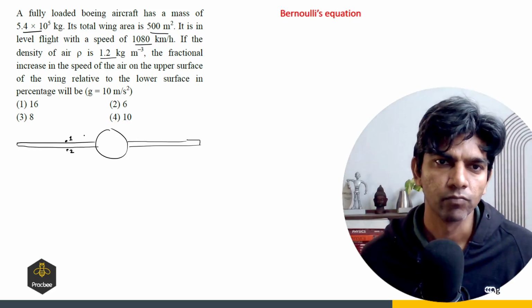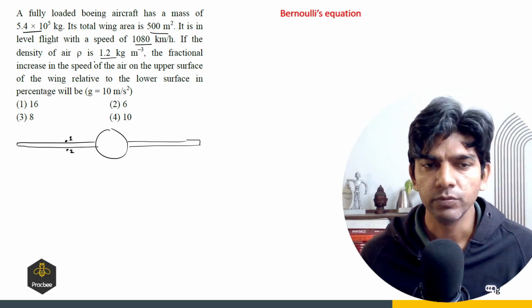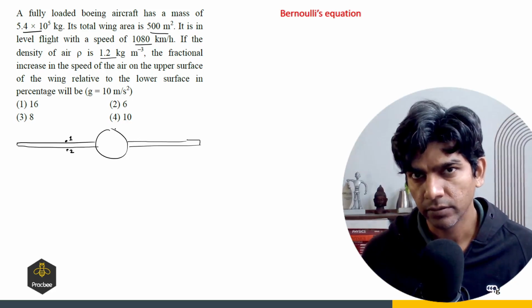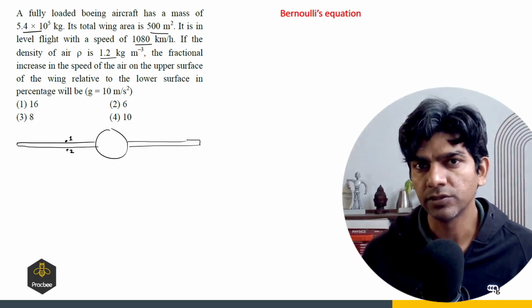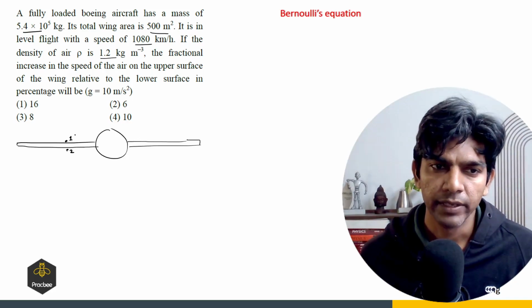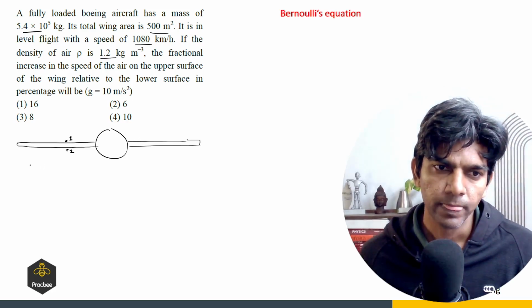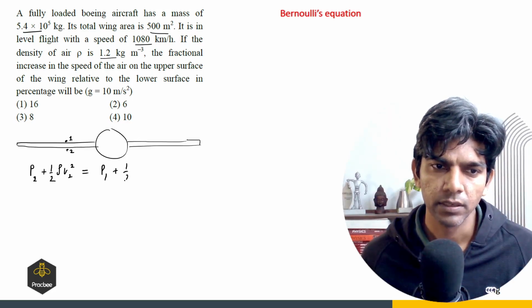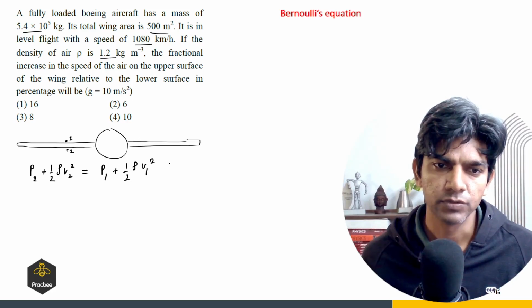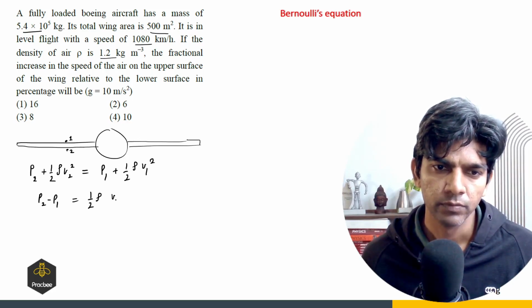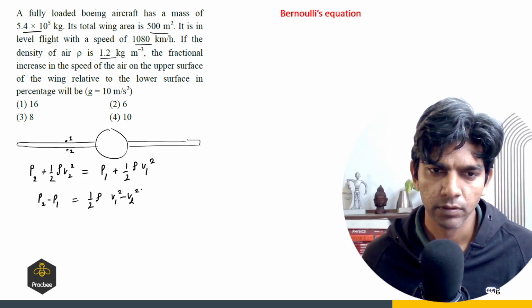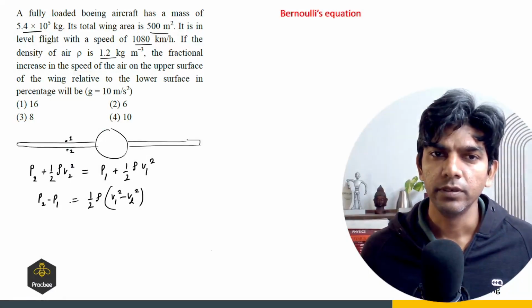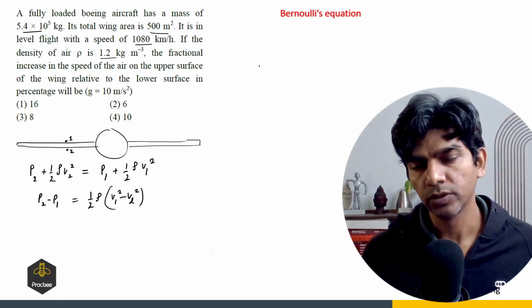Okay, so what we can do, we can assume that the plane is steady, like the gravitational force is balanced by the upward lift by the pressure difference. So what we can do, P2 plus half rho V2 square should be equals to P1 plus half rho V1 square, and P2 minus P1 will be equals to half rho V1 square minus V2 square. Now P2 minus P1 we will get by equilibrium of the aircraft in the vertical direction.